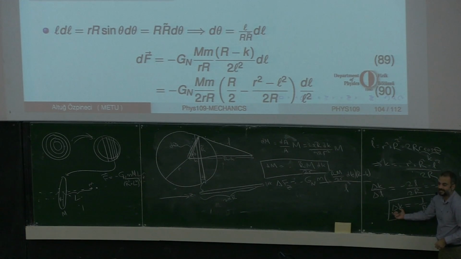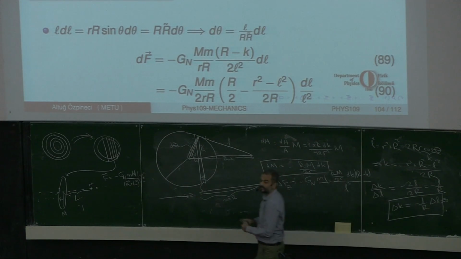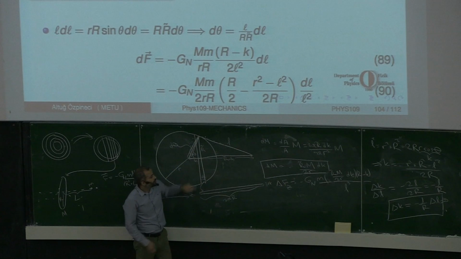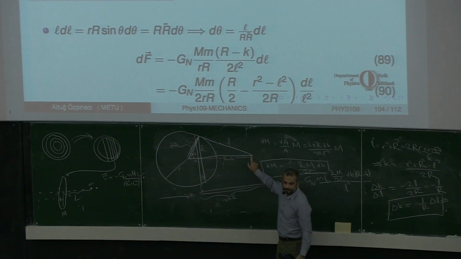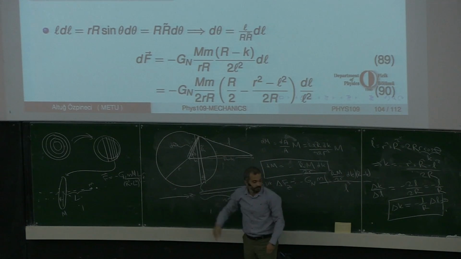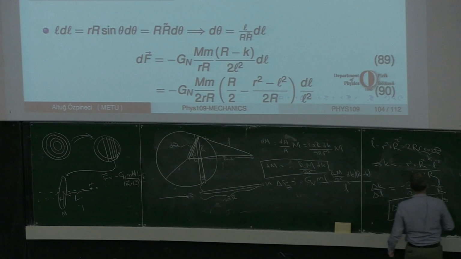Delta k just becomes dk, and delta L just becomes dL. So at first what I did was, I was labeling each one of these rings with their distance from the center, k. And each neighboring ring differed in k by dk, the width. Now I'm labeling each one of these rings by their distance from my point M. And each successive ring will have an L value which differs from the previous one by dL.